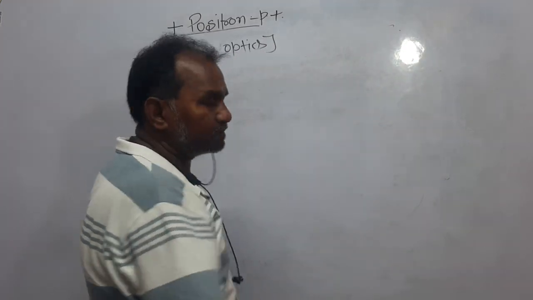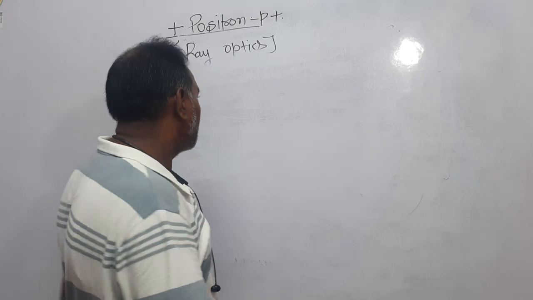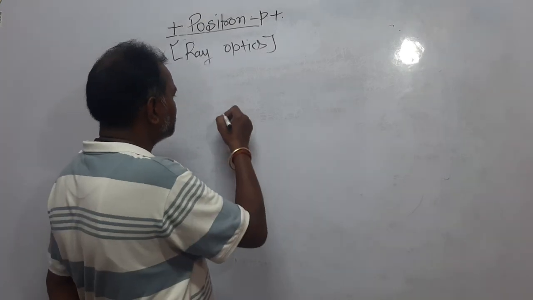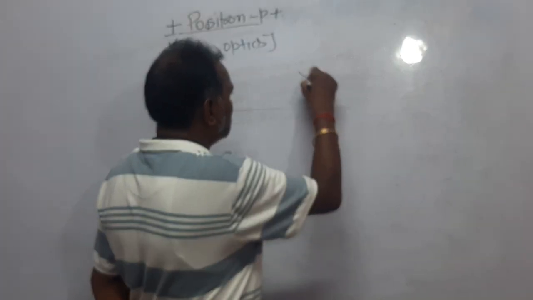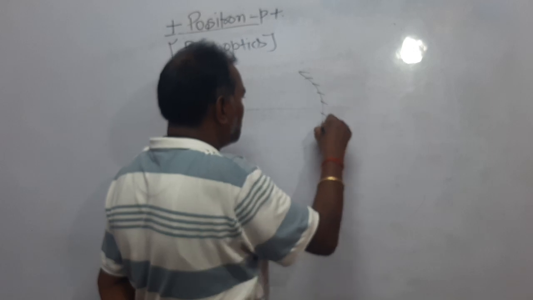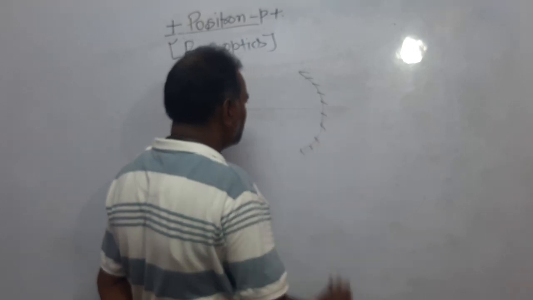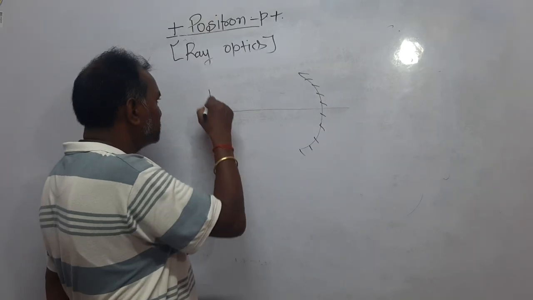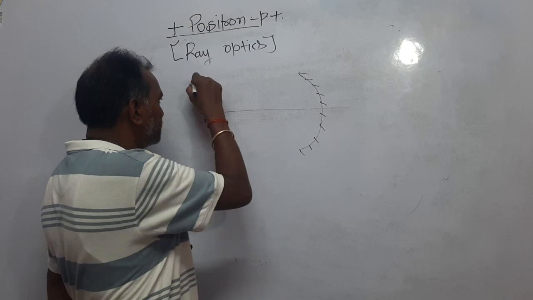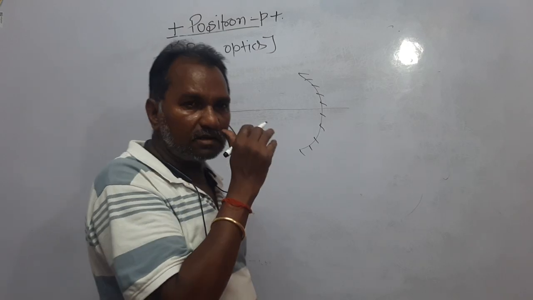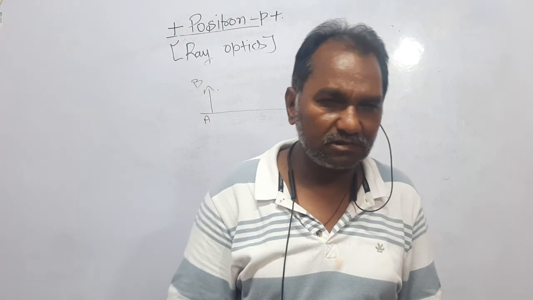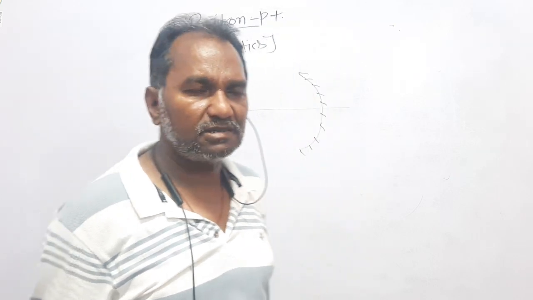I'm sure you have taken the screenshot of the solution. Dear students, it was our concave mirror. We have considered the object here, AB. I'm not making the ray diagram; while solving the mirror equation, I have made the ray diagram, and the same I'm considering.